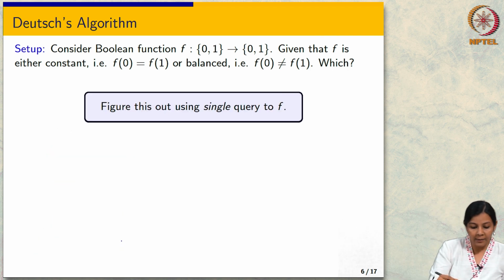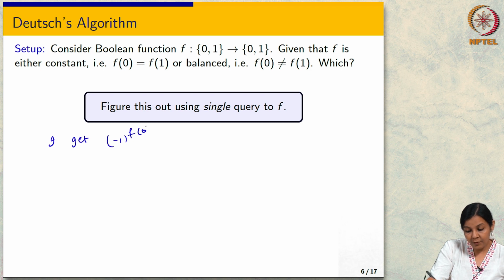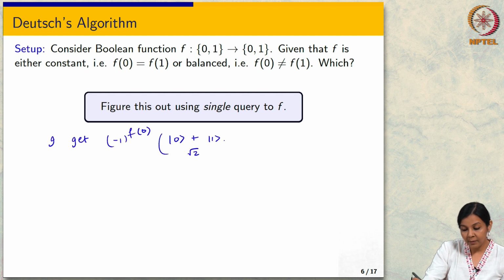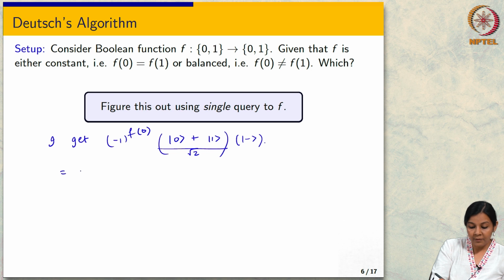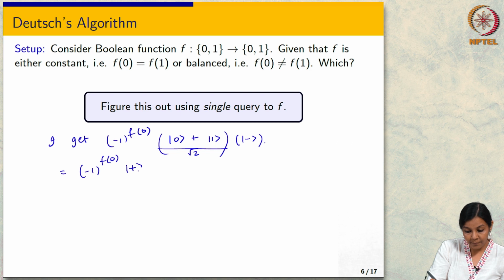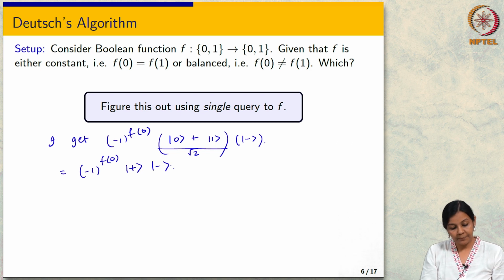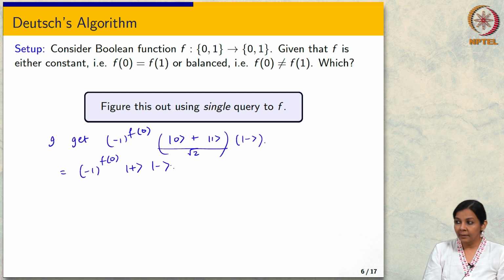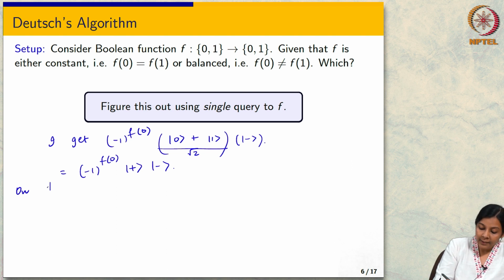So I can write this as (-1)^f(0) times (|0⟩ + |1⟩) over root 2, minus. So this is nothing but (-1)^f(0) plus minus. Everyone agrees?